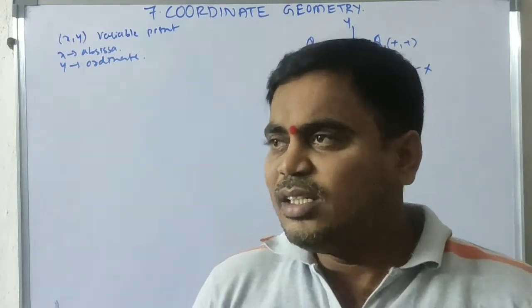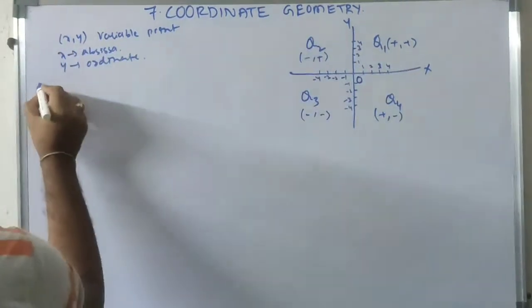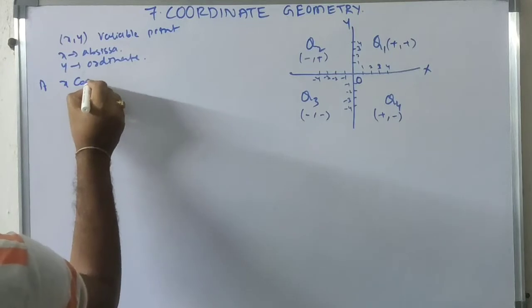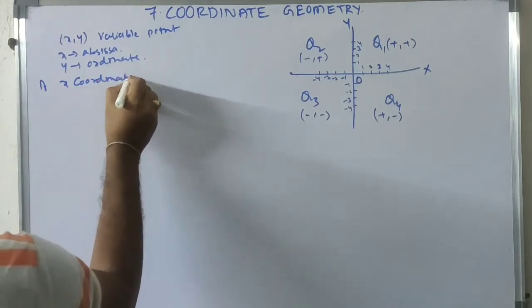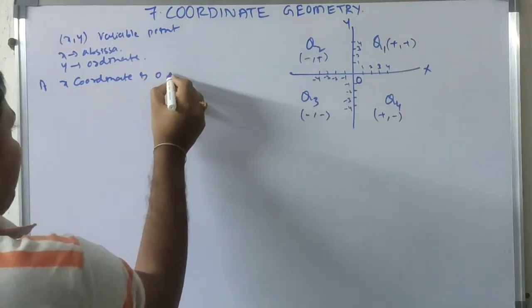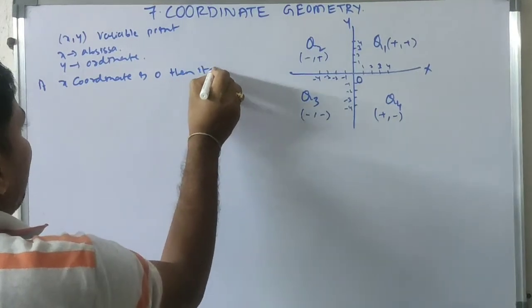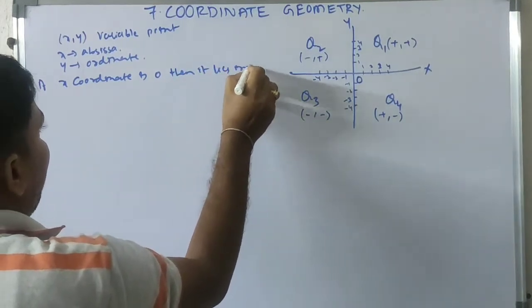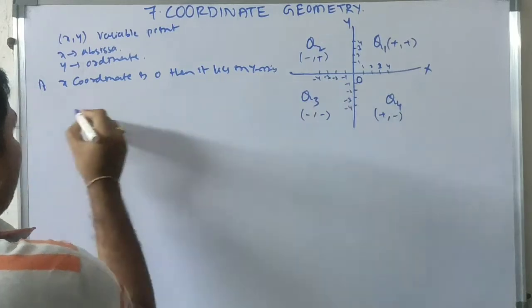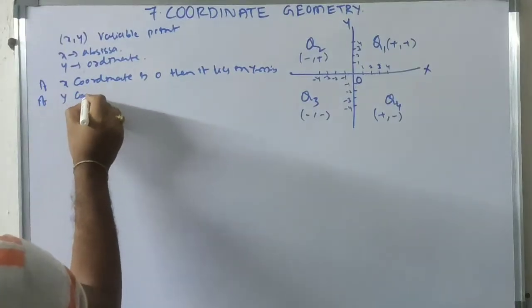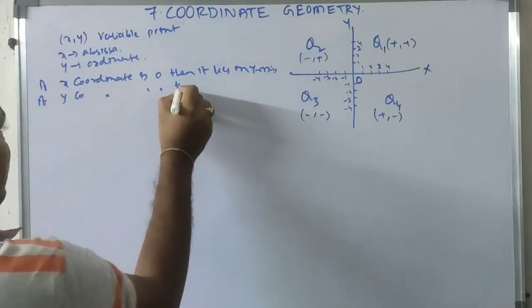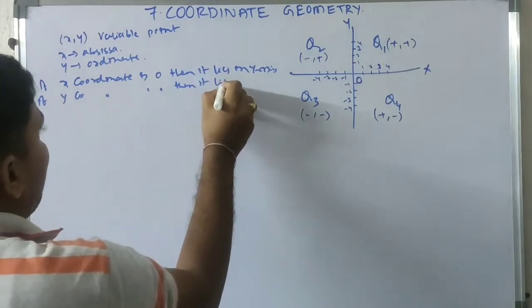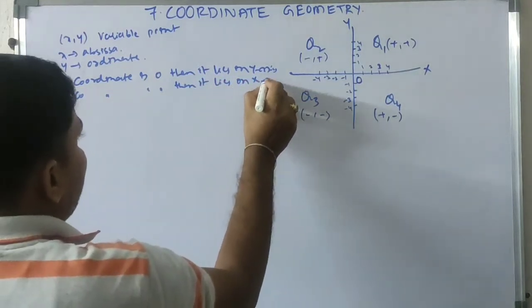Next, if the x coordinate is 0, then it lies on the y-axis. If the y coordinate is 0, then it lies on the x-axis.